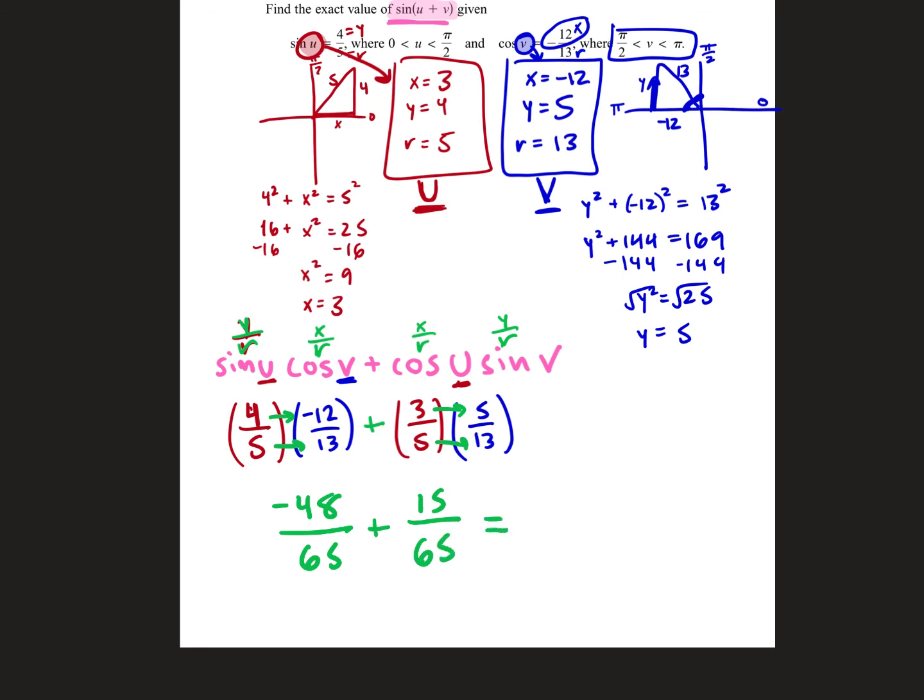We have a common denominator here, so we can add them together. If we didn't have a common denominator, we would need to find one so we could add them together. So it's negative 48 plus 15. Negative 33 over 65. And that's our answer.